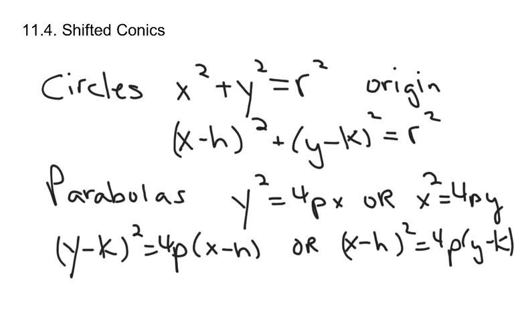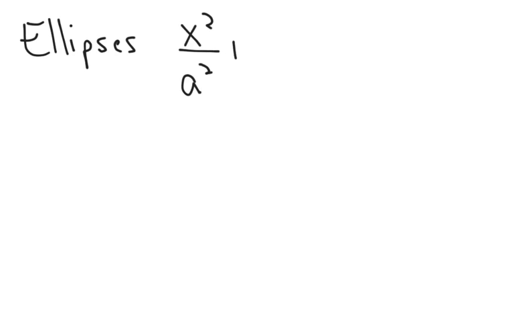So here are the equations of your parabolas shifted elsewhere. Ellipses, if they were centered at the origin, were x squared over a squared plus y squared over b squared equals 1, or the other way around depending on how it's elongated.